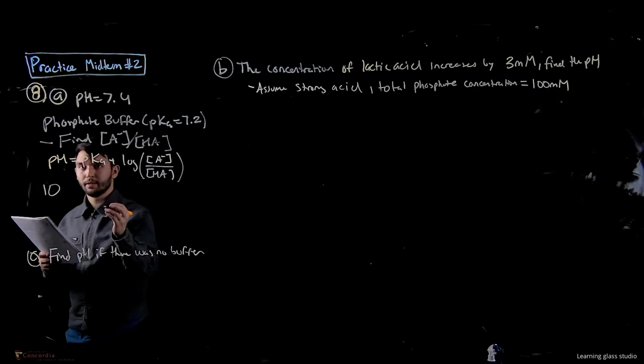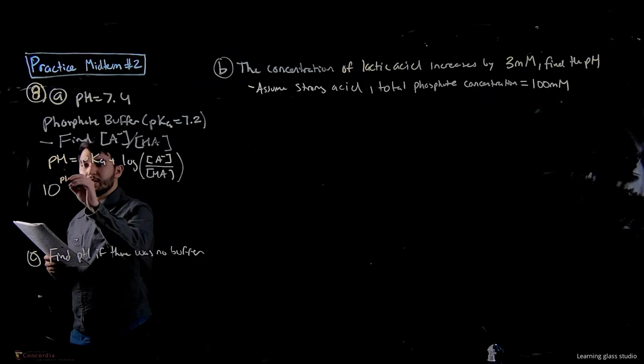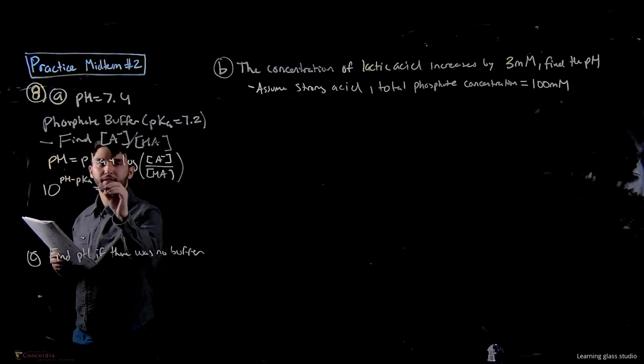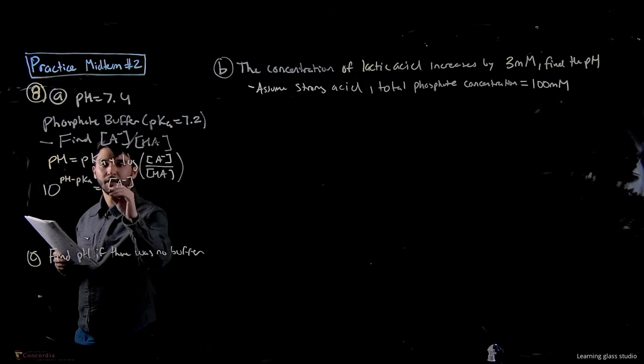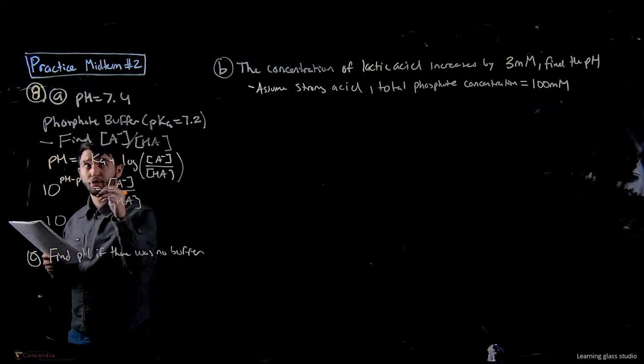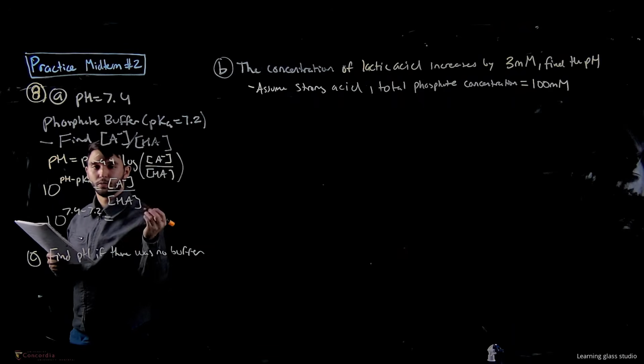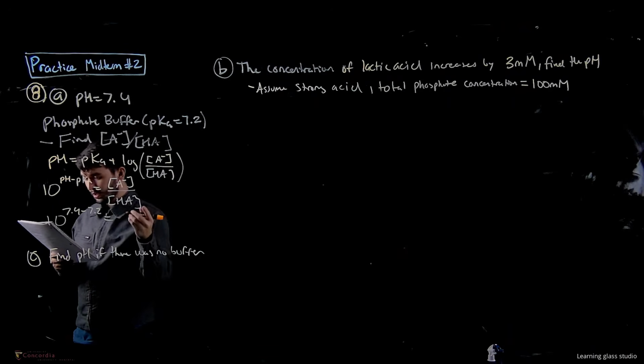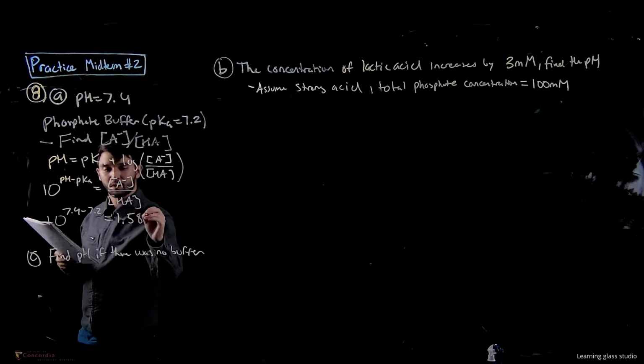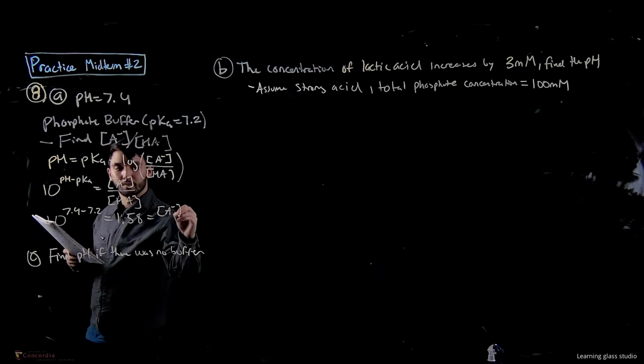So we can get 10 to the pH minus pKa is equal to A minus over HA. So in this case, we get 10 to the (7.4 minus 7.2) is equal to 1.58, and this is equal to the ratio.